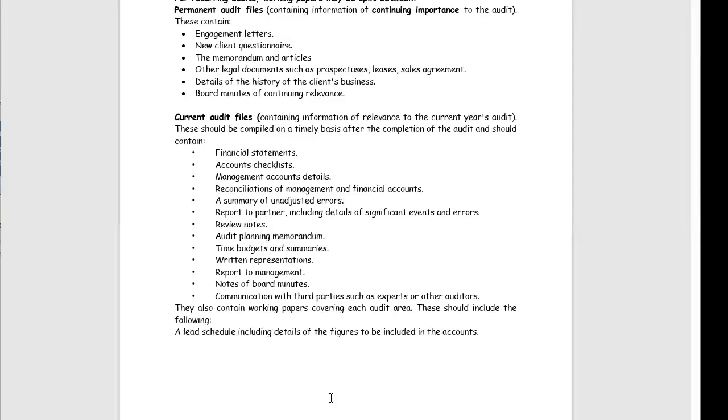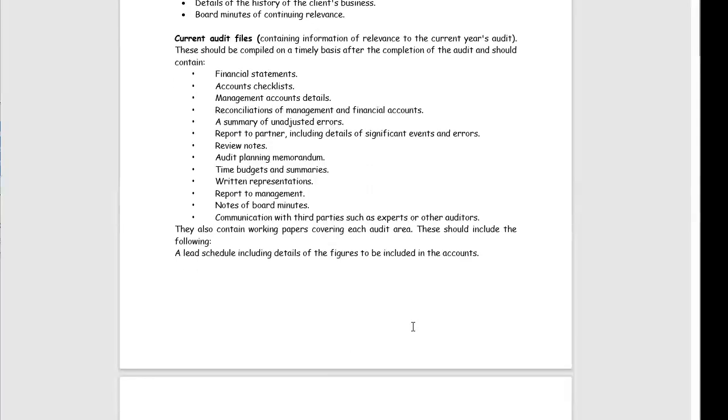The other one, management accounts details, reconciliation of management and financial accounts, a summary of adjusted errors, report to partner, including details of significant events and errors, review notes, audit planning memorandum, time budgets and summaries, written representation, report to management, notes of the board minutes, communication with third parties such as experts or other auditors. So they also contain working papers covering each audit area.